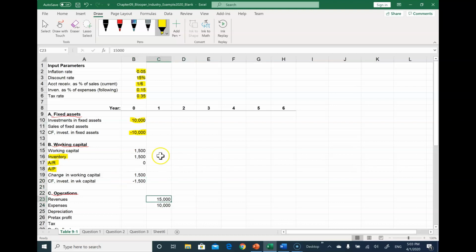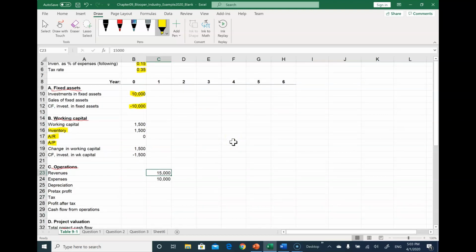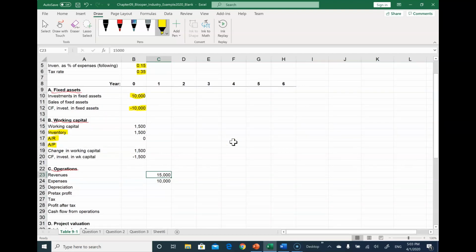All right. Then the next part is the income statement and the cash flow from operation. So from the question, we learned that the expected revenue in the first year is $15 million, and expected expense is $10 million, right?